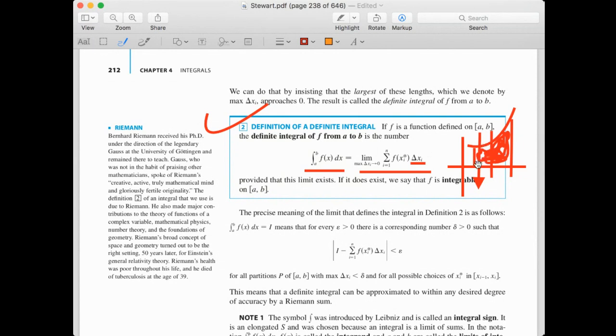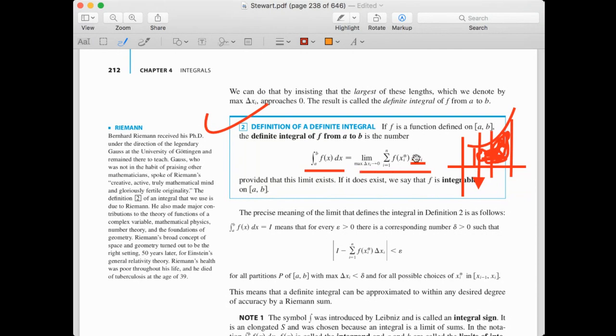The idea is still the same: we sum up the areas of the n rectangles. Then we let the change in x go to 0, which means 1 over n goes to 0, which is the same as cutting into infinitely many pieces.